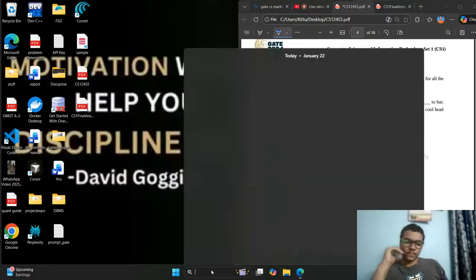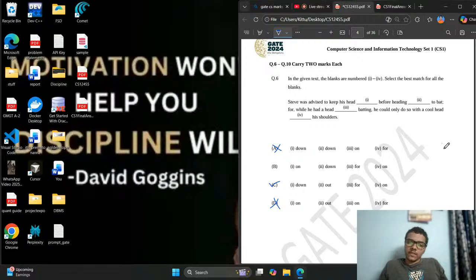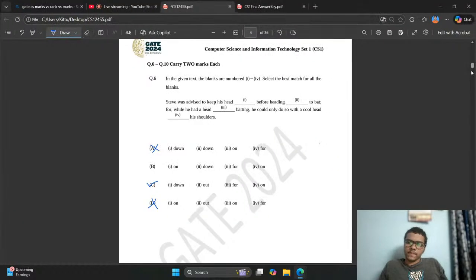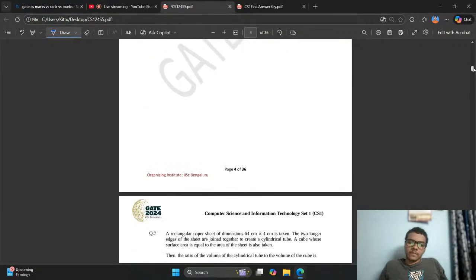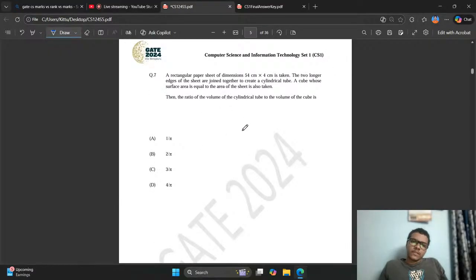So yeah, I just wanted to speed run this one and you will get the minimum required information. A rectangular sheet of paper of dimensions 54 times 4 is taken. So this is 54, this is 4, this is the rectangular sheet of paper.